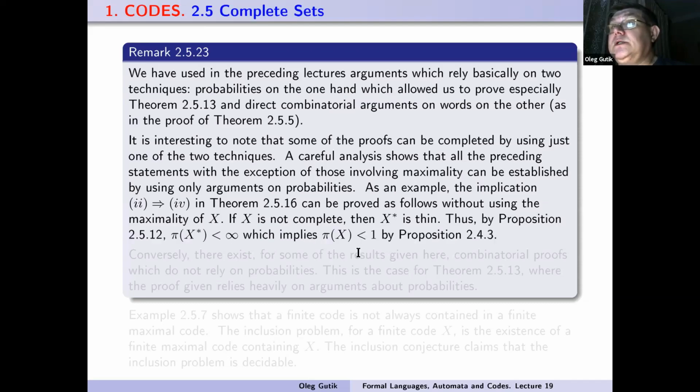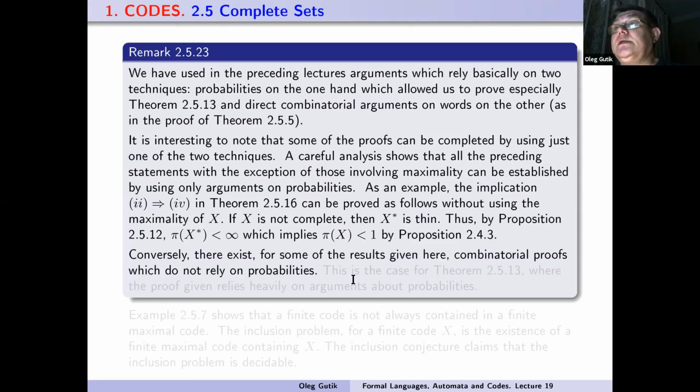Thus, by proposition 2.5.12, pi of X star is bounded, which implies that pi of X is less than 1 by proposition 2.4.3.